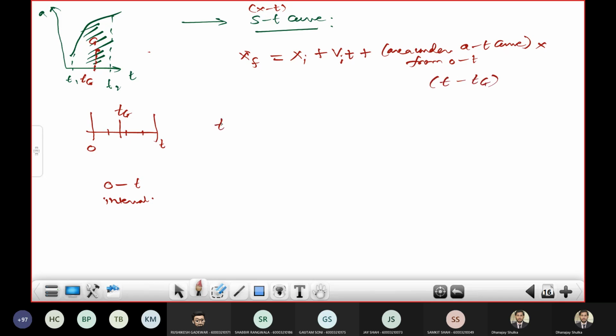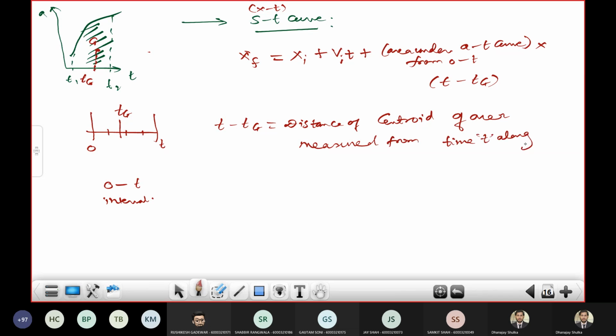What is this t minus tg? That is nothing but the distance of the centroid of the area measured from time t along the x axis.